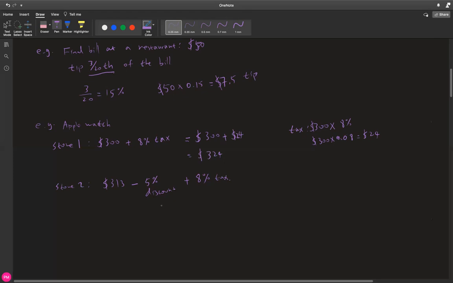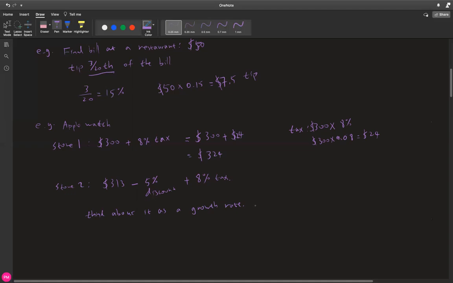So discount is actually the negative growth. Think about this as a growth rate. Then you should see that this is actually 5% negative growth or 5% decrease.